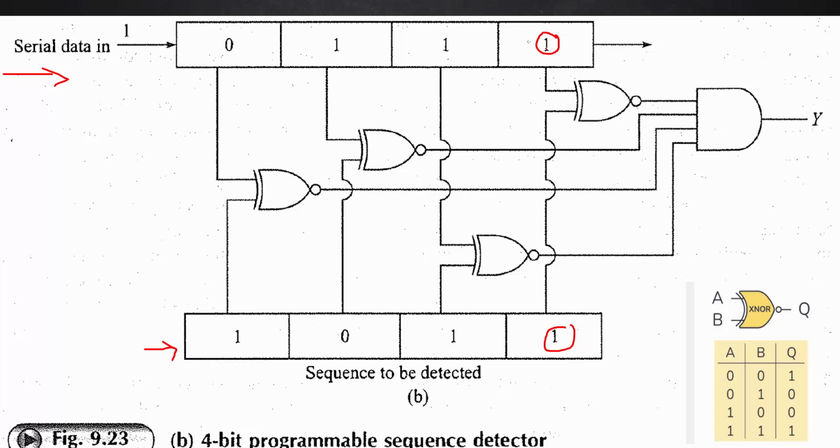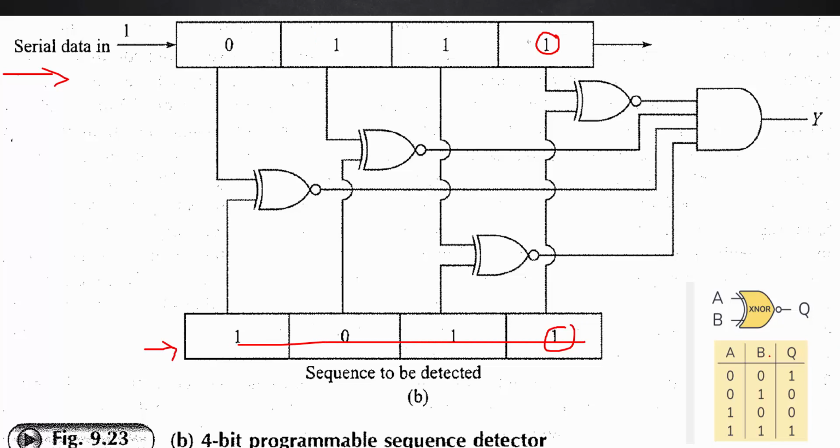So for first bit and first bit, you perform an XNOR operation, and connect the output of this XNOR to this AND input. Similarly, bitwise XNOR operation, take the output of this XNOR and connect to this AND operation. Again, XNOR operation, connect this output to this AND, and the output of this AND decides whether that particular specified pattern is available in your input sequence or not.